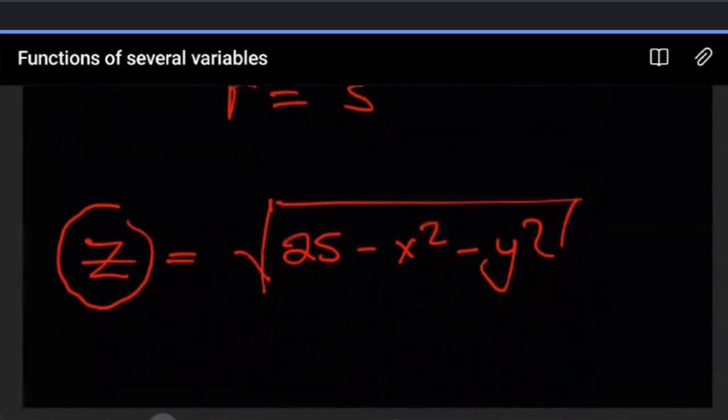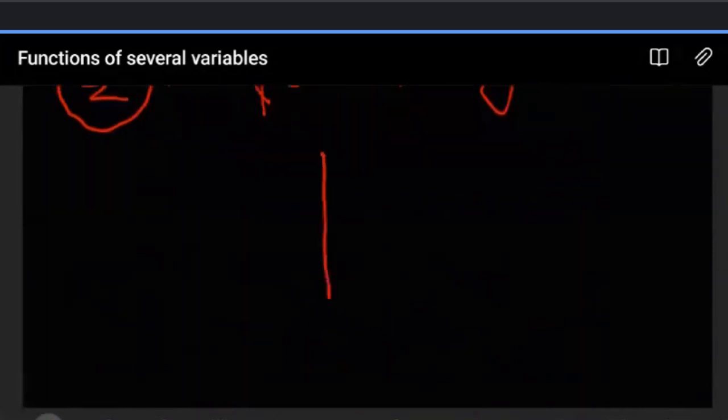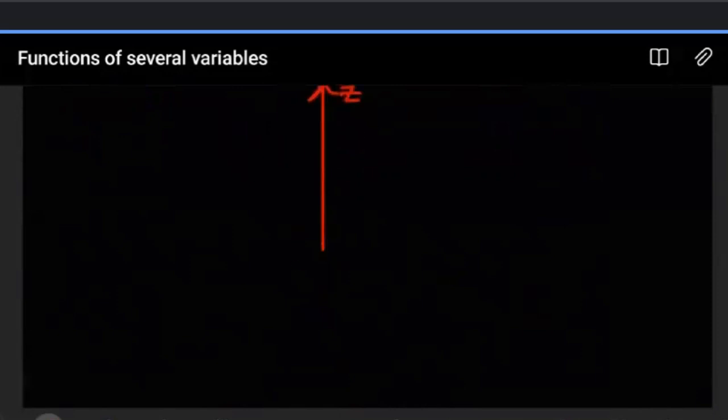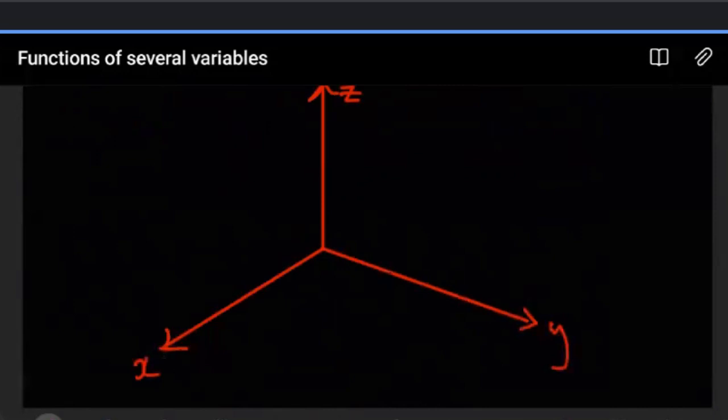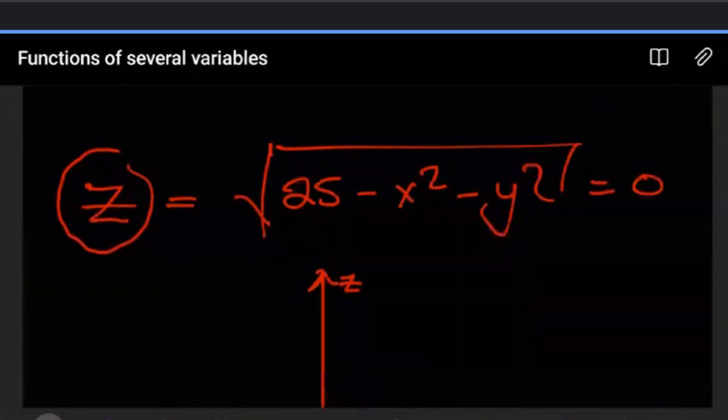What does that then translate into? Well, if you try to sketch this expression, if I place z somewhere here, and then we have, let's say, x somewhere on this side, and y somewhere this side, how would it look? Firstly, the smallest value of z we can ever have, because of the square root, would be when z equals 0. The square root ensures that all the values of z will be positive, as I pointed out.